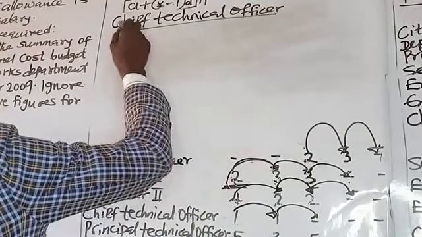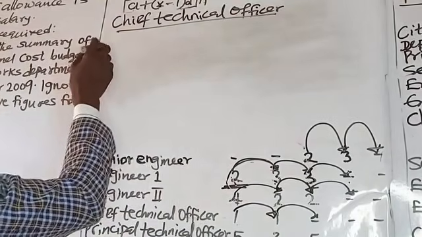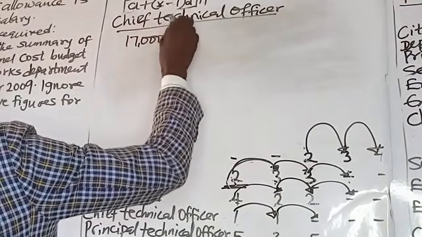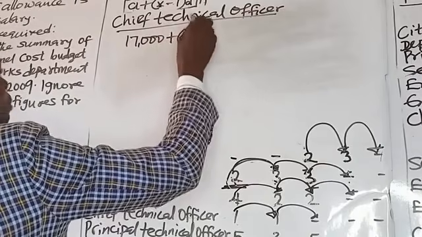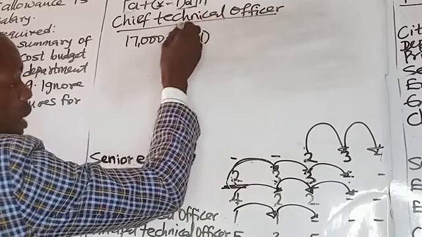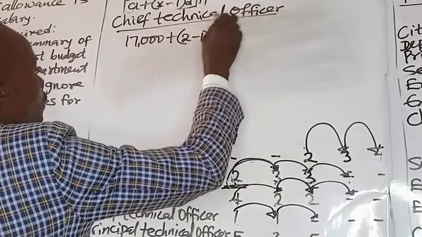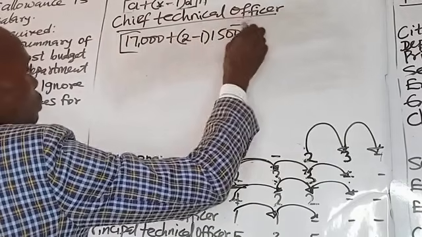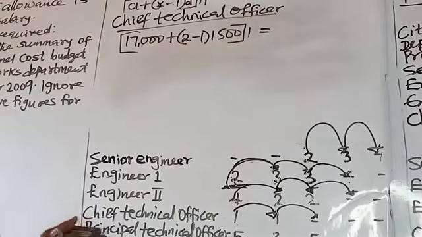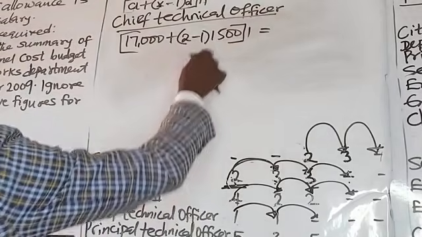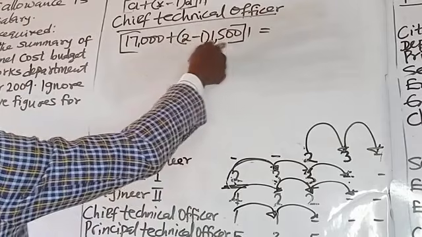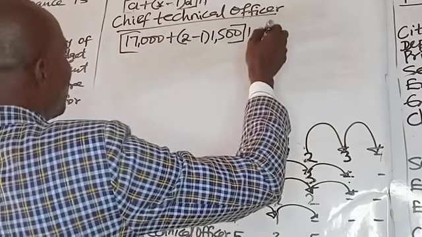So basic pay for Chief Technical Officer is 17,000 plus step 2 minus 1. Increment is 1,500, multiplied by one person. So 2 minus 1, that is 1. 1 times 1.5, that is 1.5 plus 17,000.